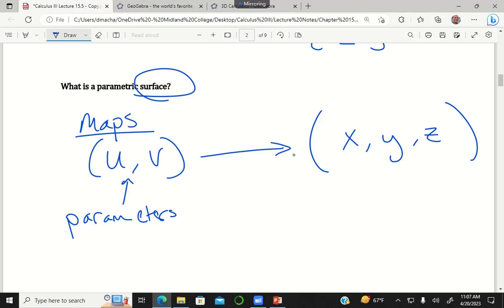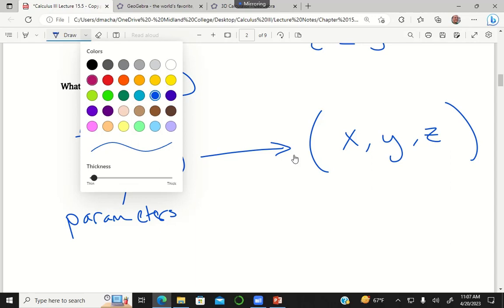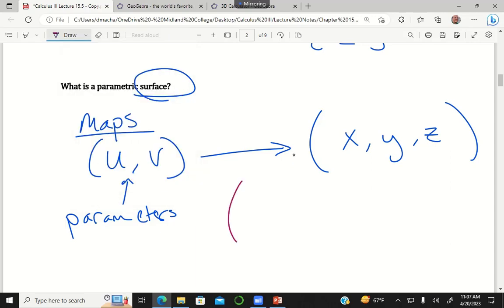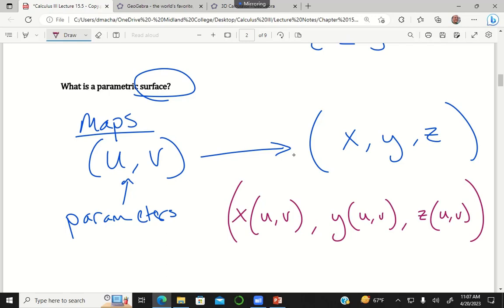So we're also going to define a parametric surface with equations where my x-coordinate is a function of u and v, and my y-coordinate is a function of u and v, and my z-coordinate is also a function of u and v, like this.